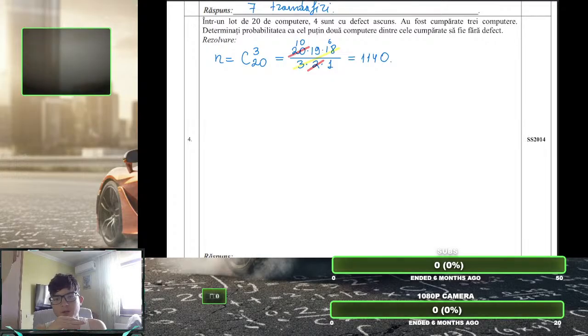And for the plus, you write down the C. For those without defect, there are 16 because 20 minus 4. So when it's a plus, it's C16 of 1, right?